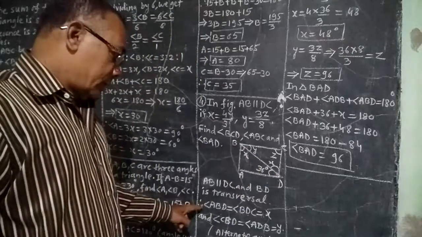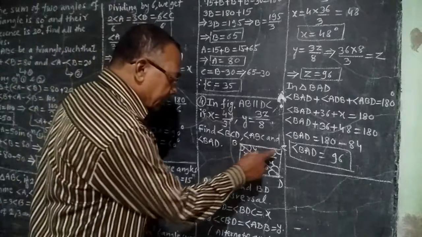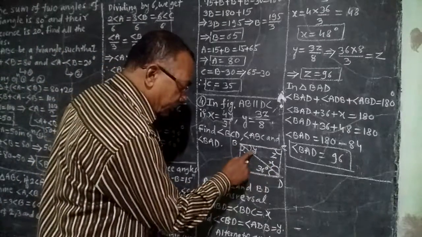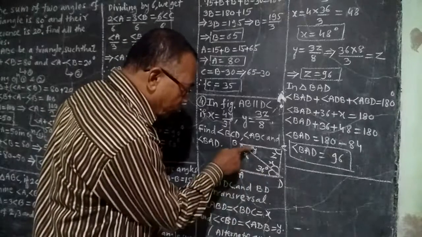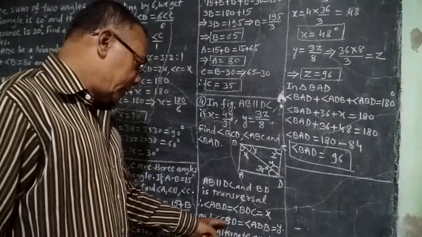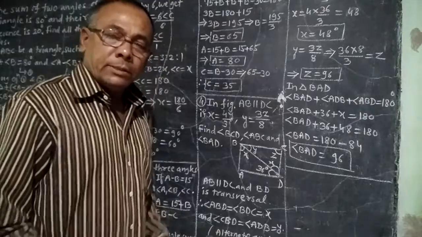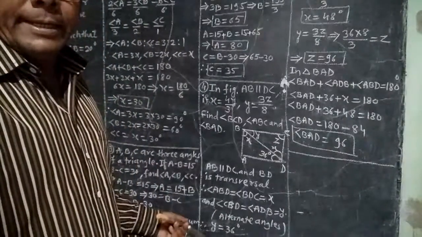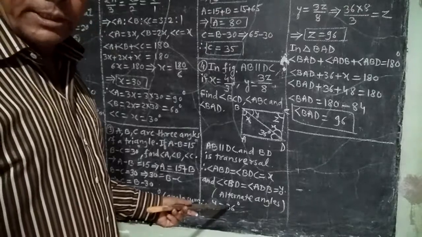Now angle CBD, that is y, is equal to angle ADB, so y is equal to 36. Both the angles are equal, that is equal to y, because these are alternate interior angles, and therefore here we get y is equal to 36 degrees.